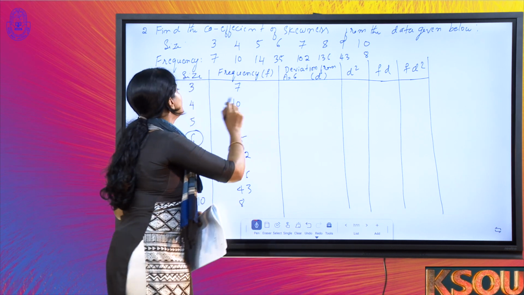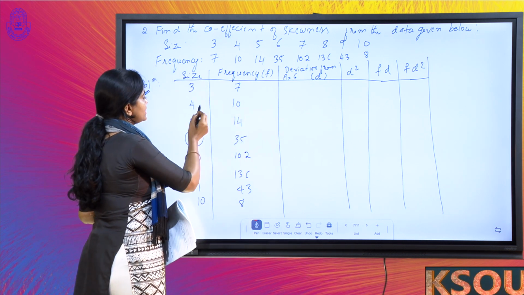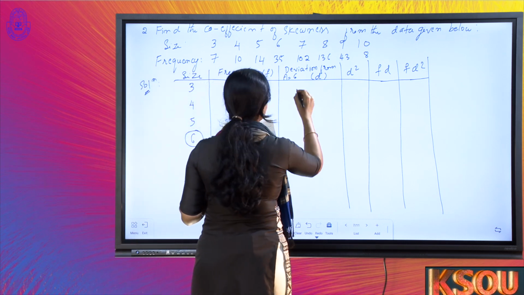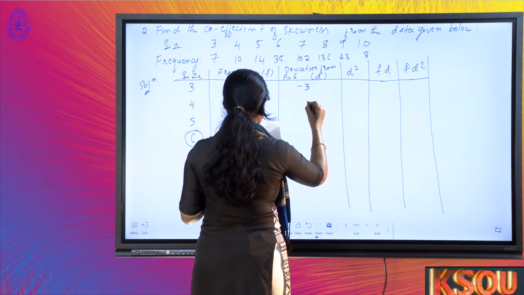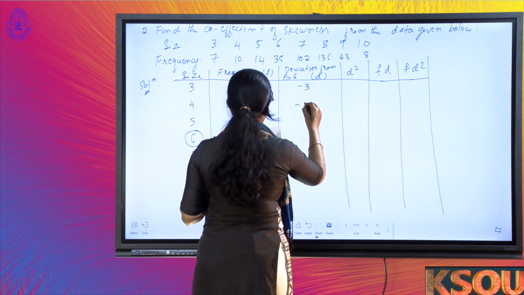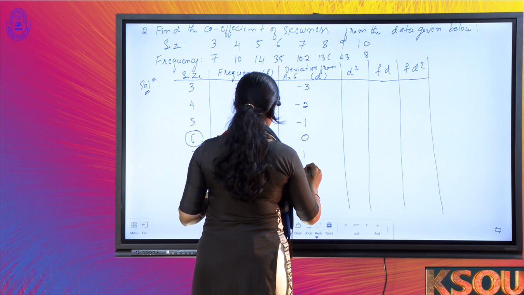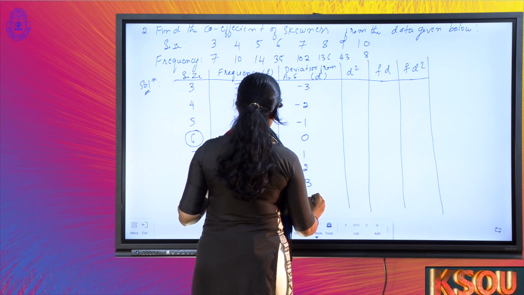So take 6 as assumed mean and calculate the d value. So that is 3 minus 6, 4 minus 6, 5 minus 6, like that. You will have to get the values minus 3, minus 2, minus 1, 0, 1, 2, 3, 4.